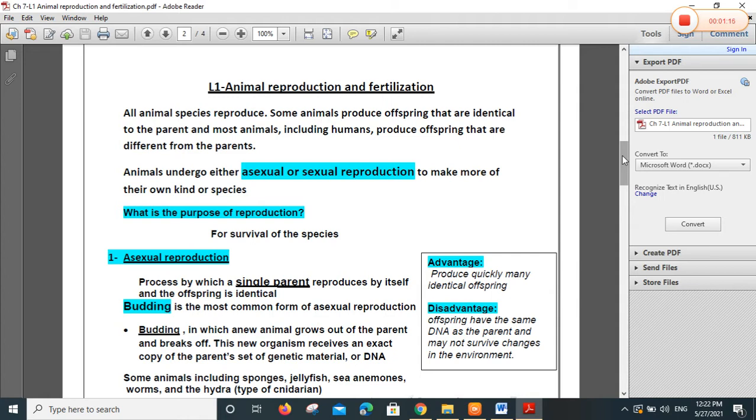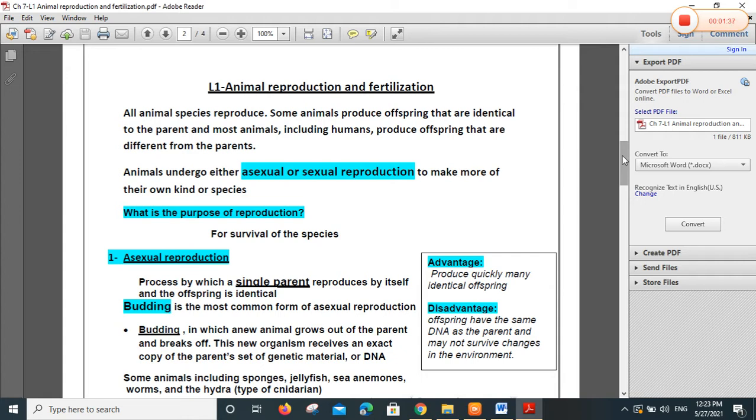This is due to two types of reproduction. Some animals reproduce asexually and other animals reproduce sexually. So animals undergo either asexual or sexual reproduction to make more of their kind or species.